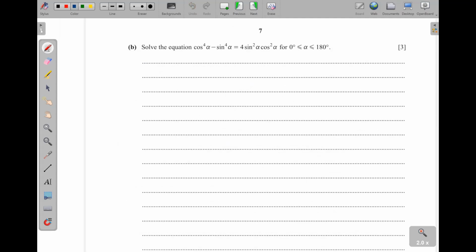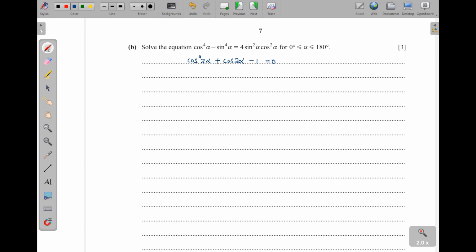Now here they are saying part B, solve the equation, this one here. So what I'm going to have is, I'm going to bring this one to this side. Okay? So we are going to have cos power 4 of 2 alpha, then plus cos 2 alpha, then minus the 1 here, which is equal to 0.